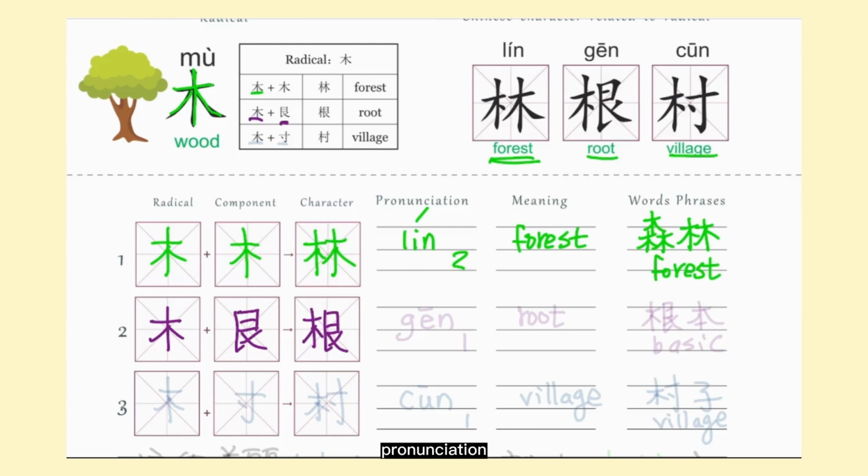And the pronunciation. So this is first tone. So we write down number 1. Gen. So the meaning is root. And then we can say 根本. 根本 means basic.